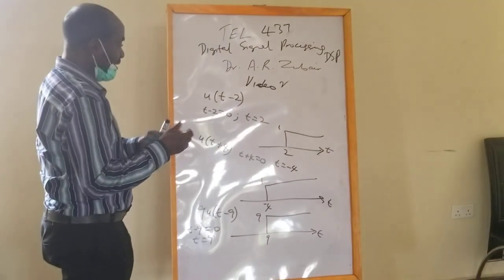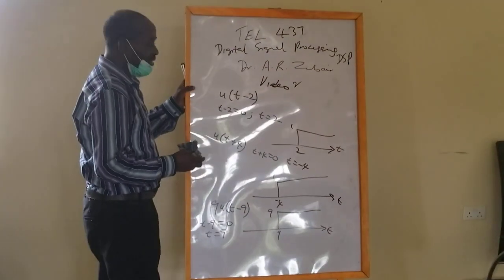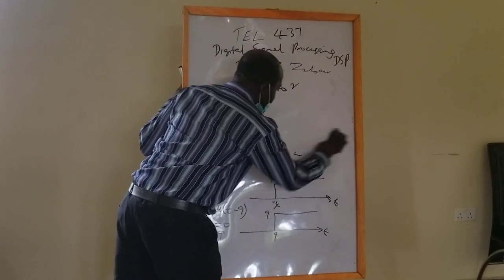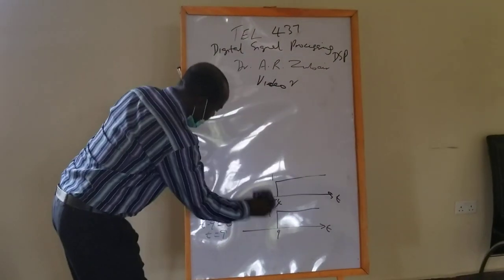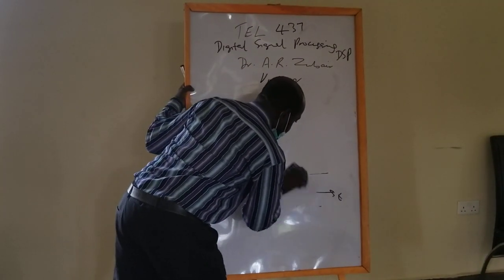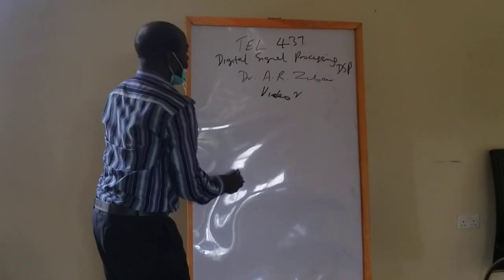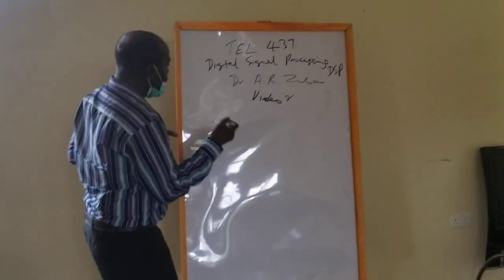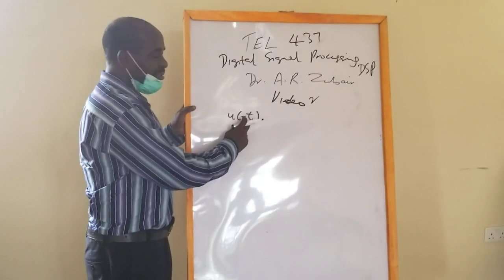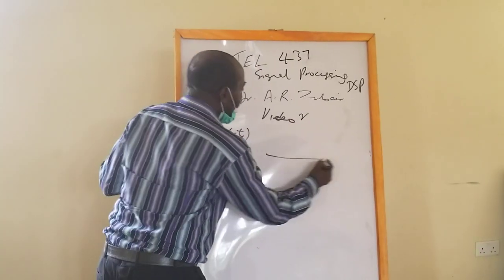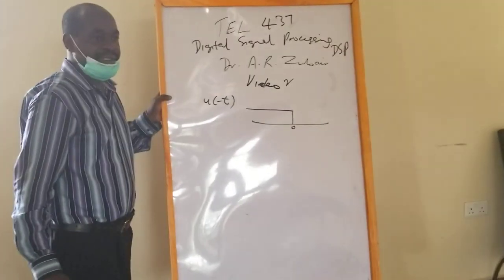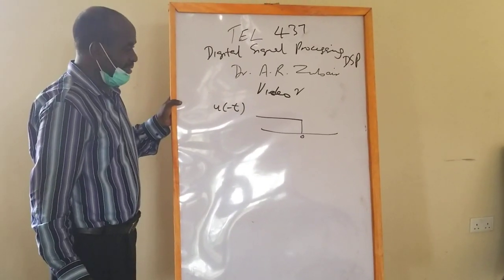That is shifting. Let me introduce reversal. If I give you u of minus t, whenever there is minus in front of t, the thing will switch at 0, but it will go to the left instead of the right.